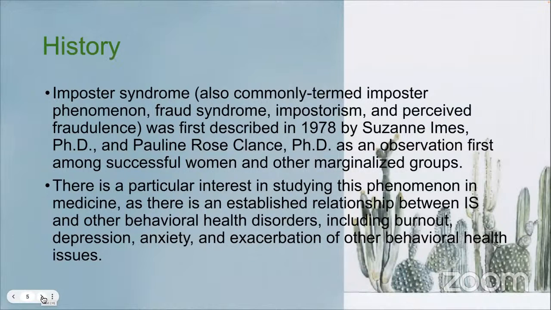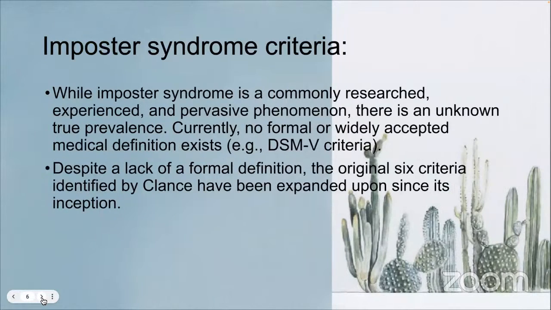There is particular interest in studying this phenomenon in medicine, as there is an established relationship between imposter syndrome and other behavioral health disorders, including burnout, depression, and anxiety, and exacerbation of other behavioral health disorders. Okay, we'll discuss this later on.